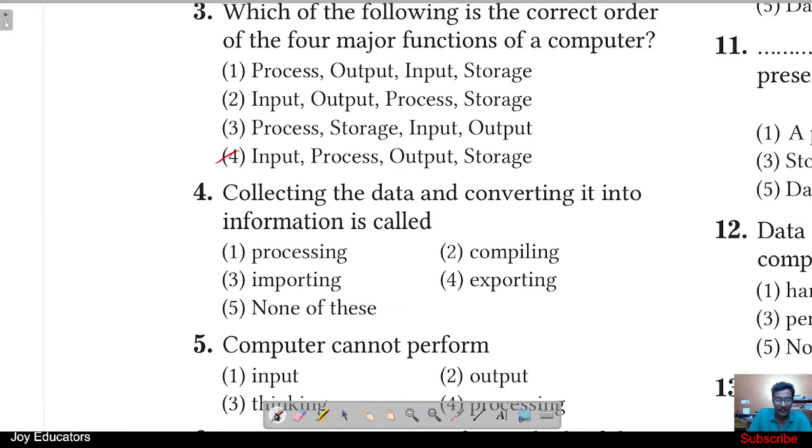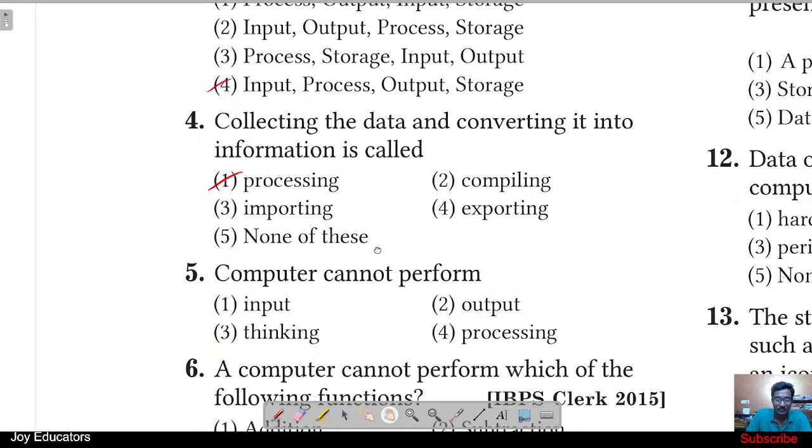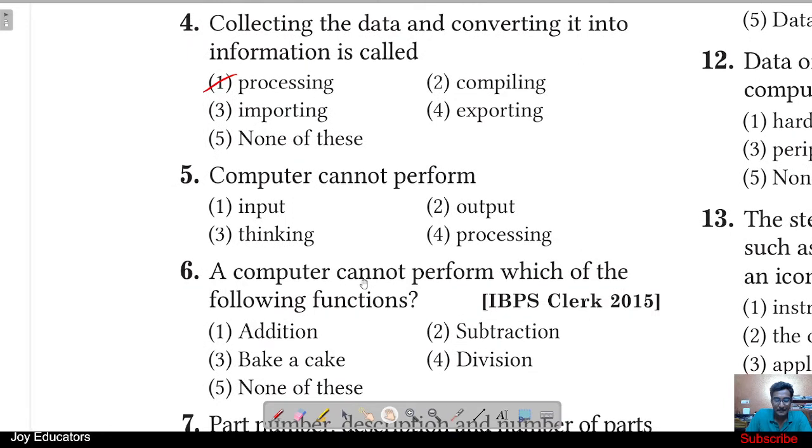So collecting the data and converting it into information is called processing. Perfect, processing. And a computer cannot perform, thinking. We can give input into it, we can give output, we can do processing, but it cannot think like us. Right?